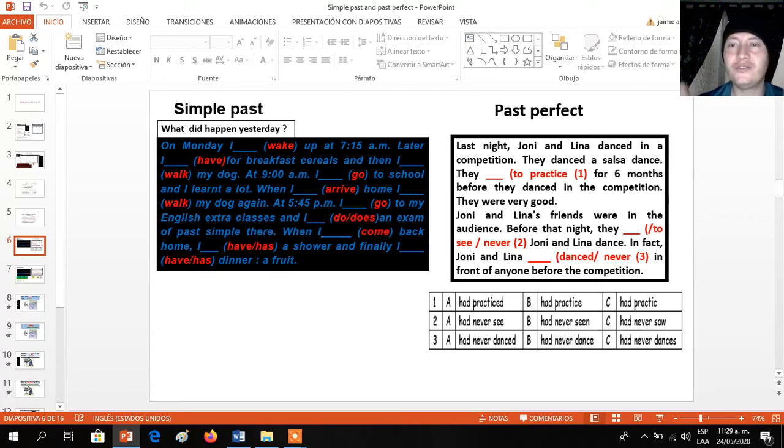You have to look at this. The past perfect works very well with the simple past. It is this occasion. Last night, Johnny and Lena danced in a competition. They danced a salsa dance. What is the answer? Very good, guys.